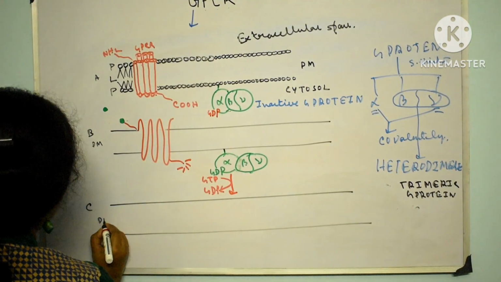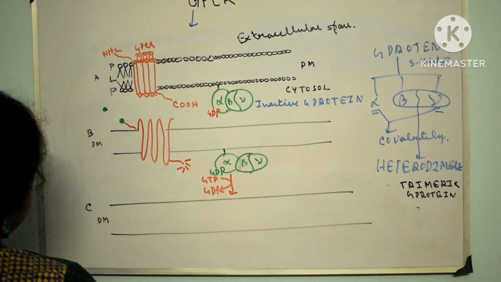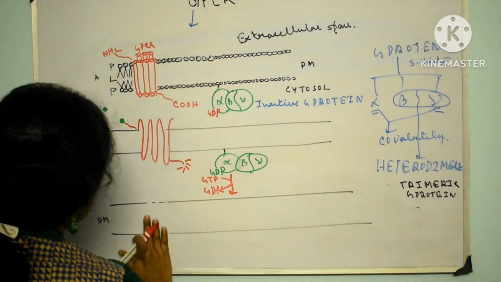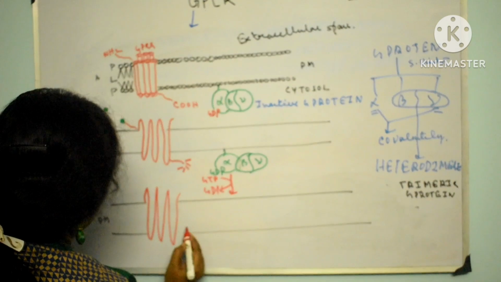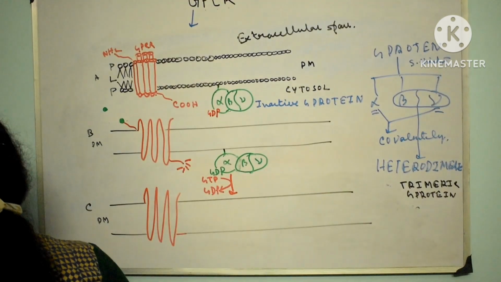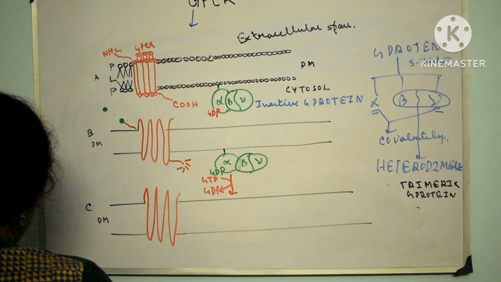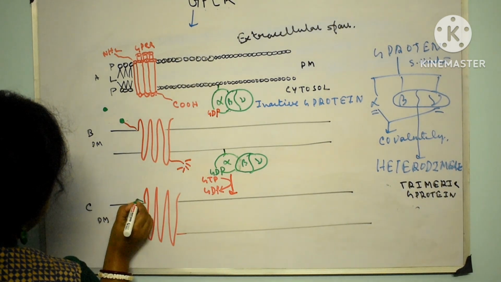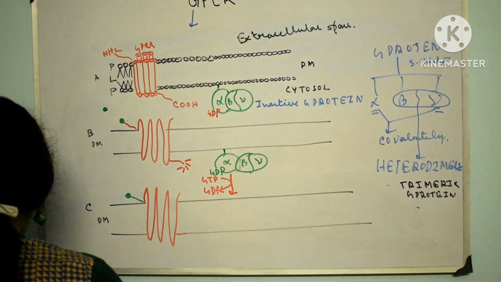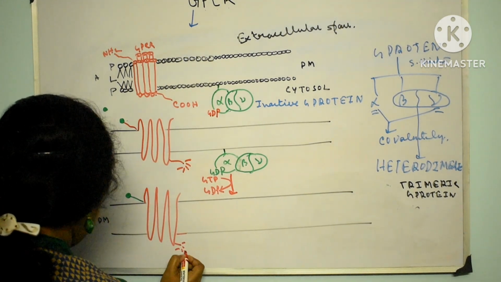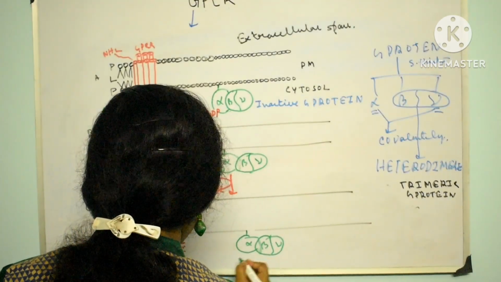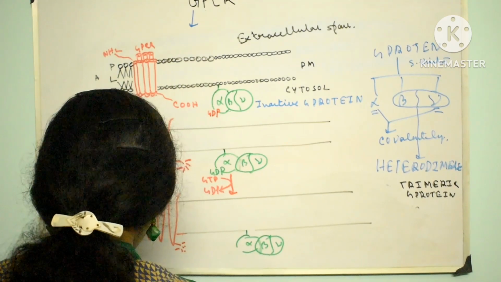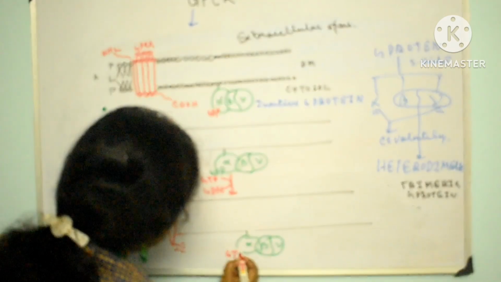Also PM, and here the ligand is here, the ligand binds here. This part is activated. Alpha, beta, gamma. Here GTP is bound now, and it is being activated.